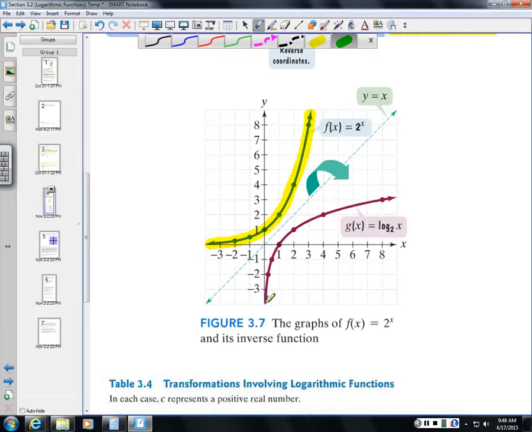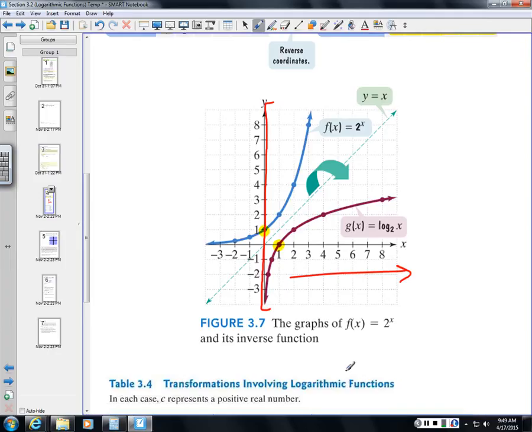It's still, from left to right, increasing, just like the 2 to the x graph is also increasing. It has a different shape. We can see that instead of crossing through 0, 1, it crosses through 1, 0. And we can see that the domain, this graph now, is bounded from 0 and goes out to infinity.